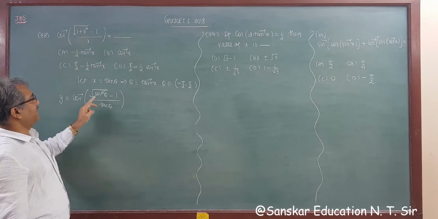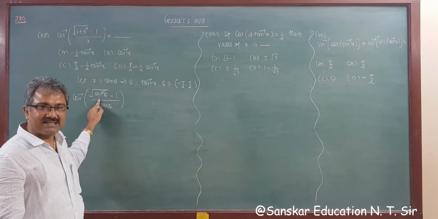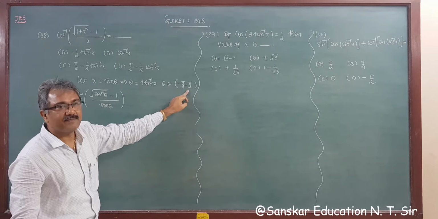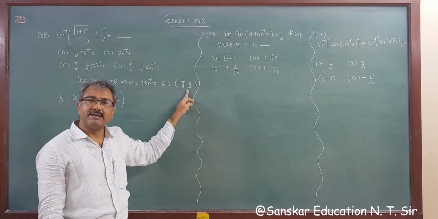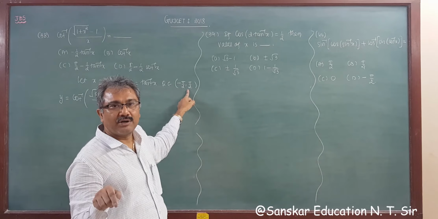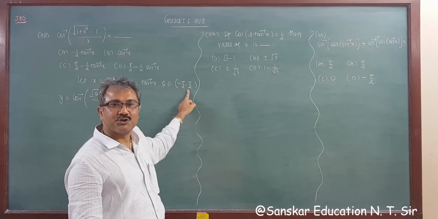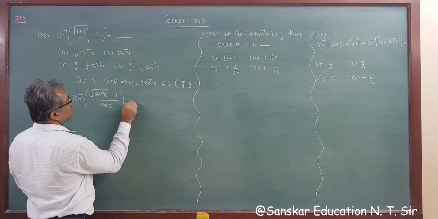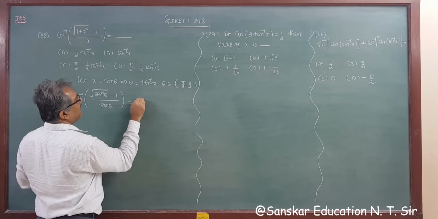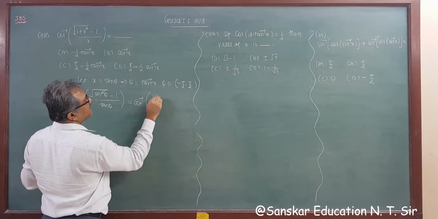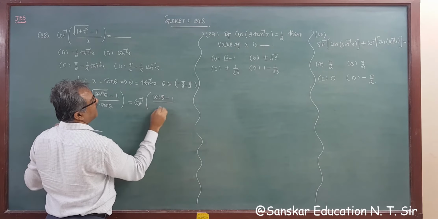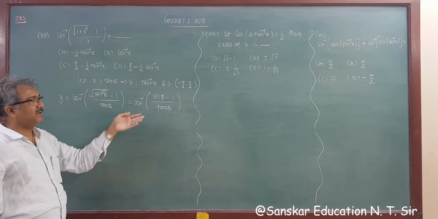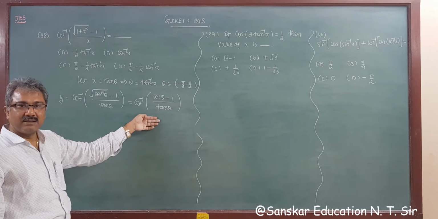Now the square root of sec square theta is plus or minus sec theta, but theta lies between minus pi by 2 and plus pi by 2, that is in the first and fourth quadrants, and in both sec is positive, so we take the positive square root. So cot inverse of (sec theta minus 1) upon tan theta. Now there is no formula, so we need to simplify this.